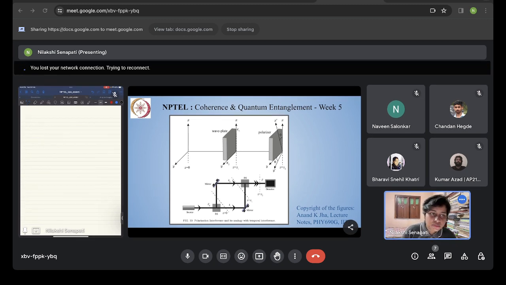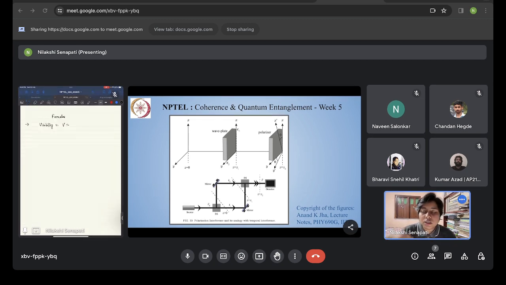The questions from this polarization degree of freedom have not been covered yet in the assignments or quizzes, so be careful with this. Whatever I am telling will help you in your assignments, quizzes and so on. You will certainly get 1 or 2 questions in your assignment from this formula.